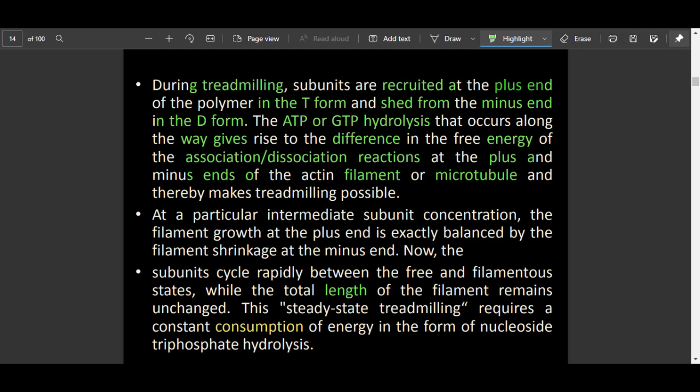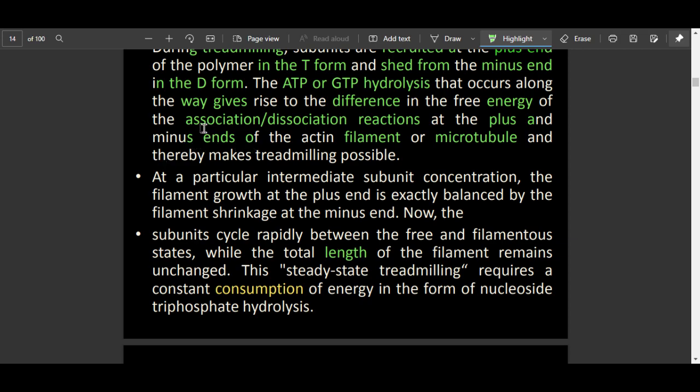Actin filaments and microtubules have the same addition and dissociation reactions, driven by ATP and GTP hydrolysis. This makes treadmilling possible.